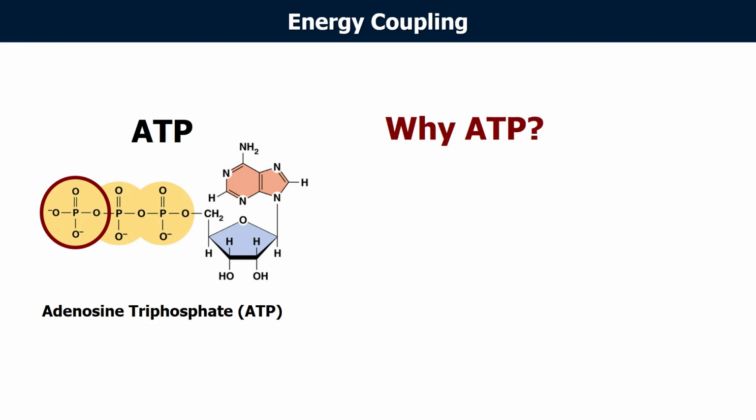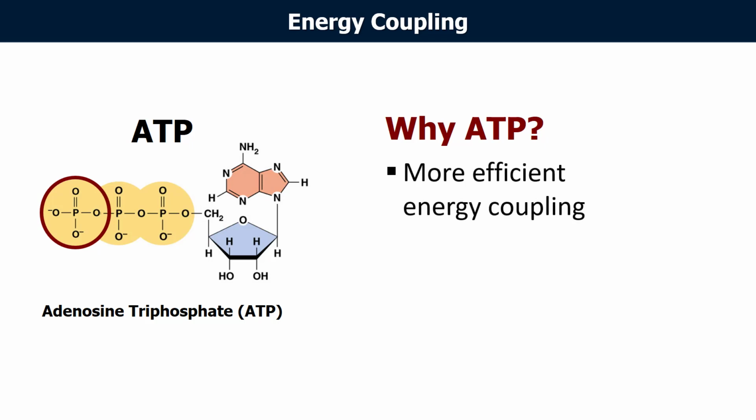So if we want to ask this question, why ATP, the first thing we might mention is the efficiency of the energy coupling. Recall that when breaking down glucose, we're releasing 686 units. The urea reaction only required a little over 3 units. So if we try to buy a $3 reaction with $686, we're going to be wasting an enormous amount of energy.